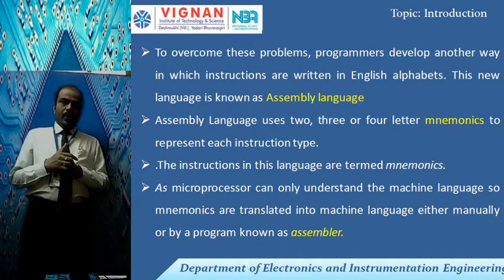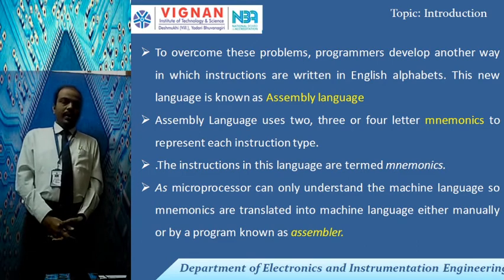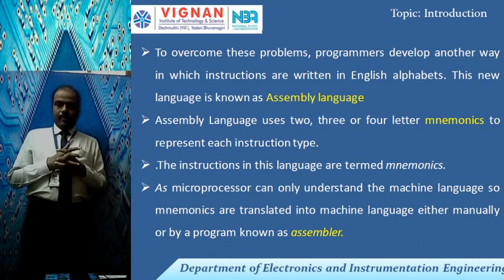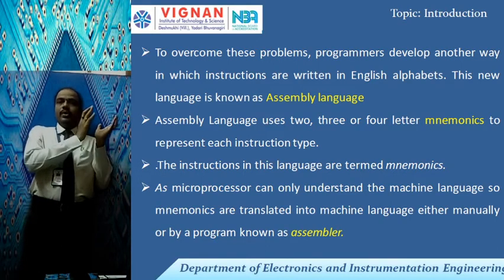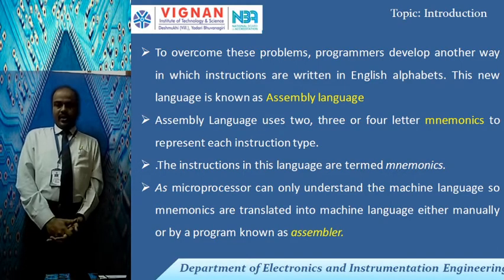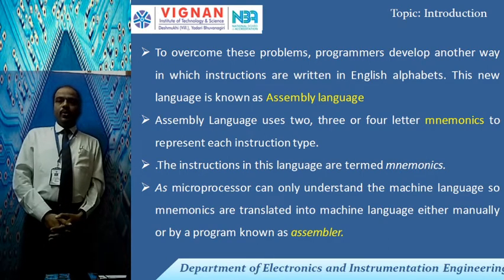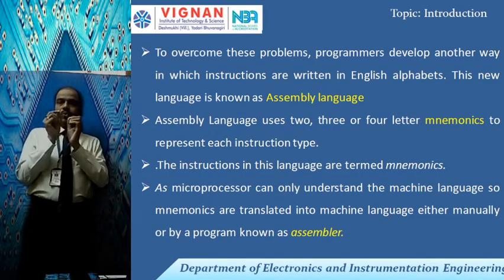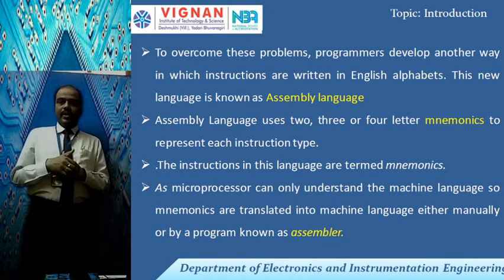We use only 2, 3 or a maximum of 4 letters to represent each instruction, not a complete word. That group of 2, 3 or 4 letters which represents an instruction is called a mnemonic.